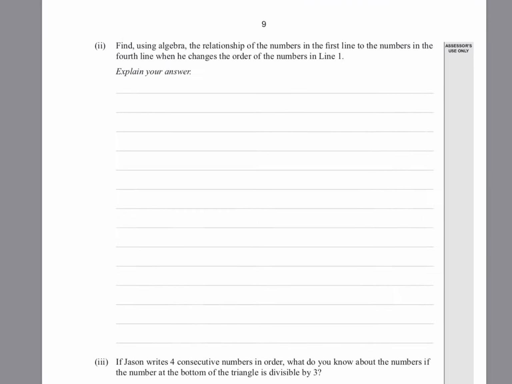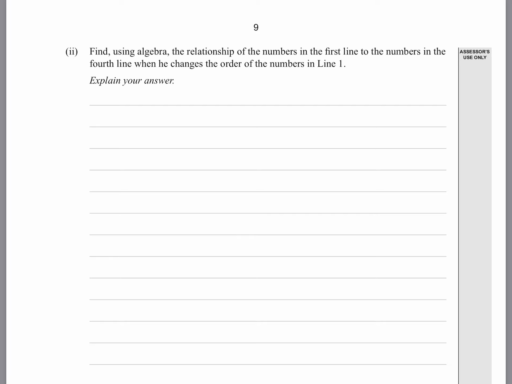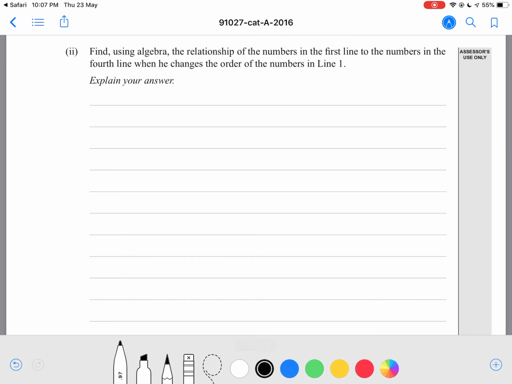Okay, so next question. Find, using algebra, the relationship of the numbers in the first line to the numbers in the fourth line, when he changes the order in line 1, okay? So basically, let's just name these numbers. Let's say the number on the left is A, the number in the middle is B, the next middle is C, and then D, okay?